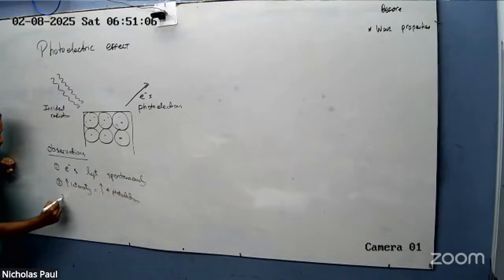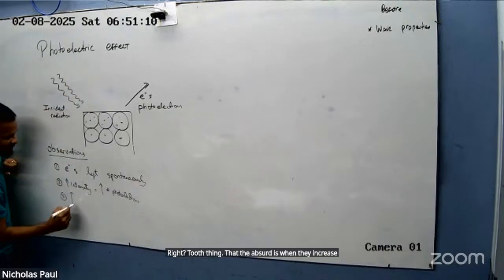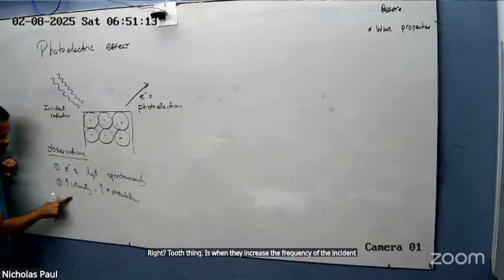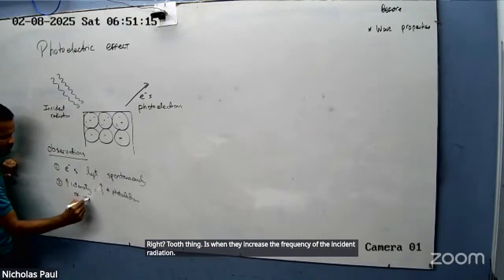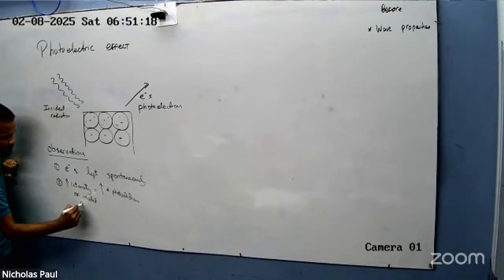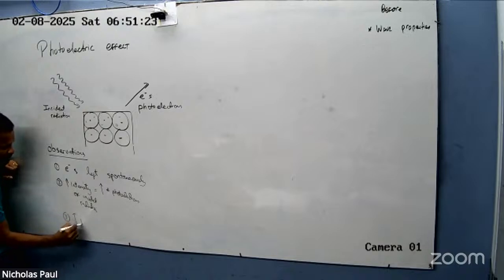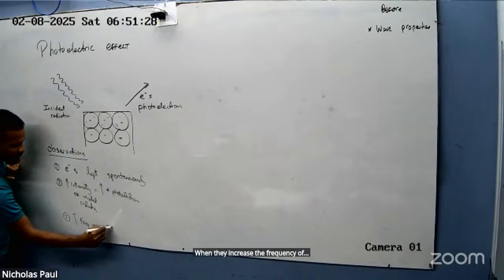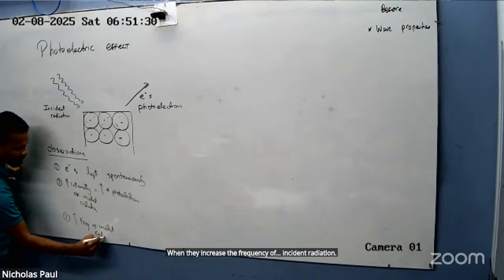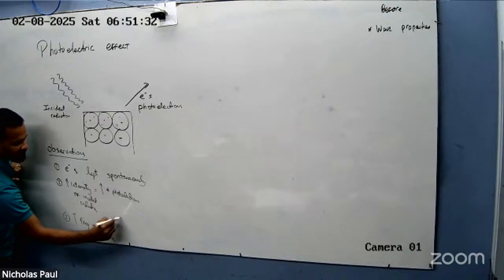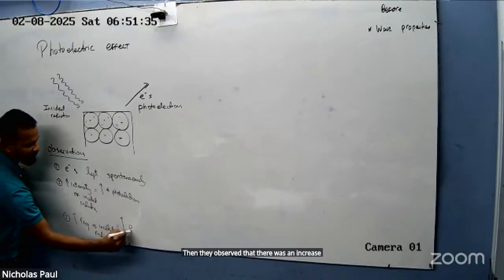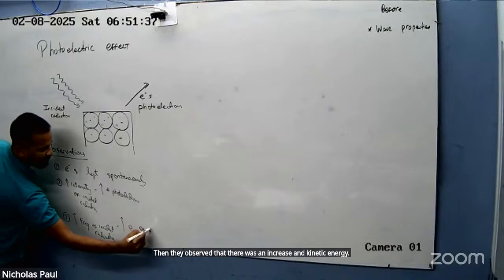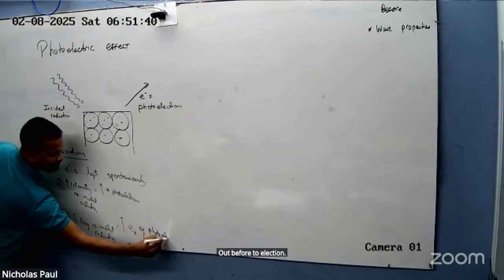Third thing that they observed is when they increased the frequency of the incident radiation, they observed that there was an increase in the kinetic energy of the photoelectrons.